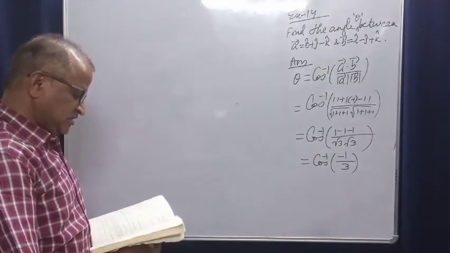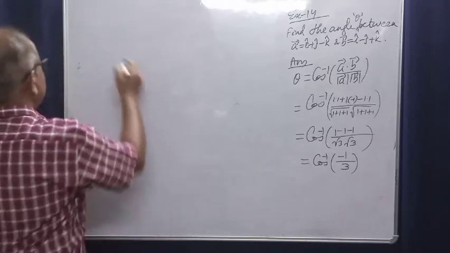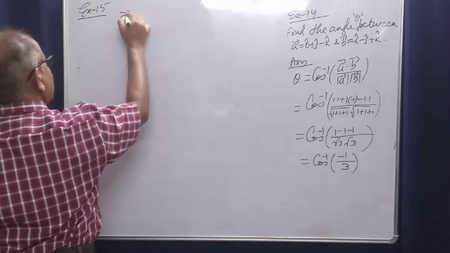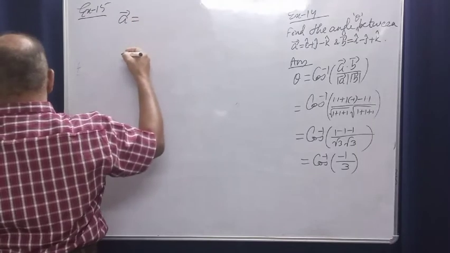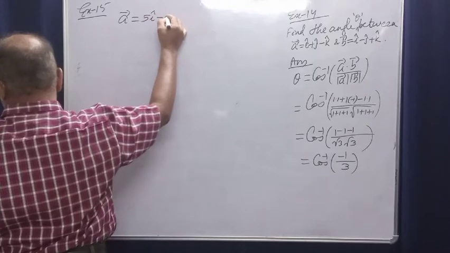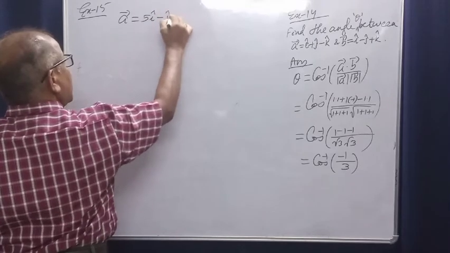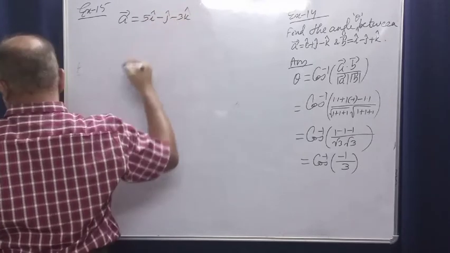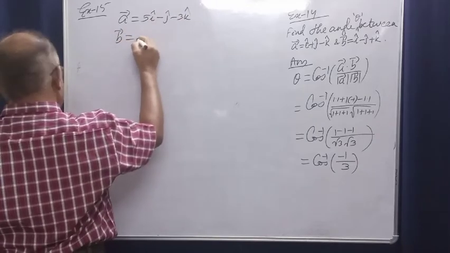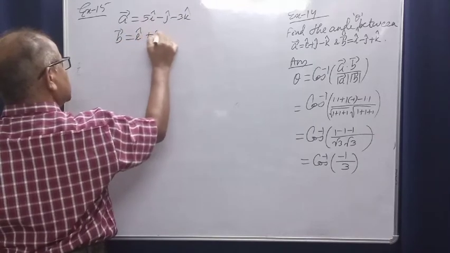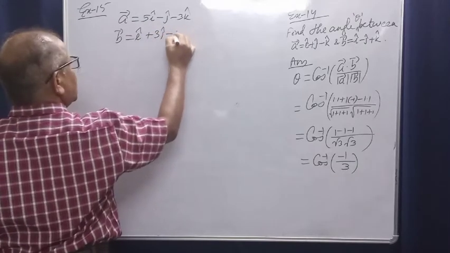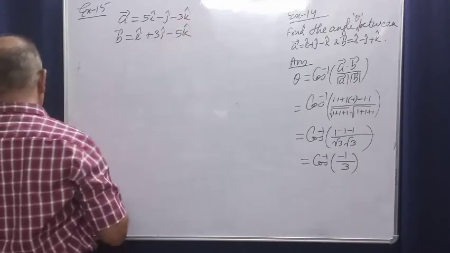Then example 15. What are given? A is given. A is 5 i cap minus j cap minus 3 k cap. And vector B is i cap plus 3 j cap minus 5 k cap.